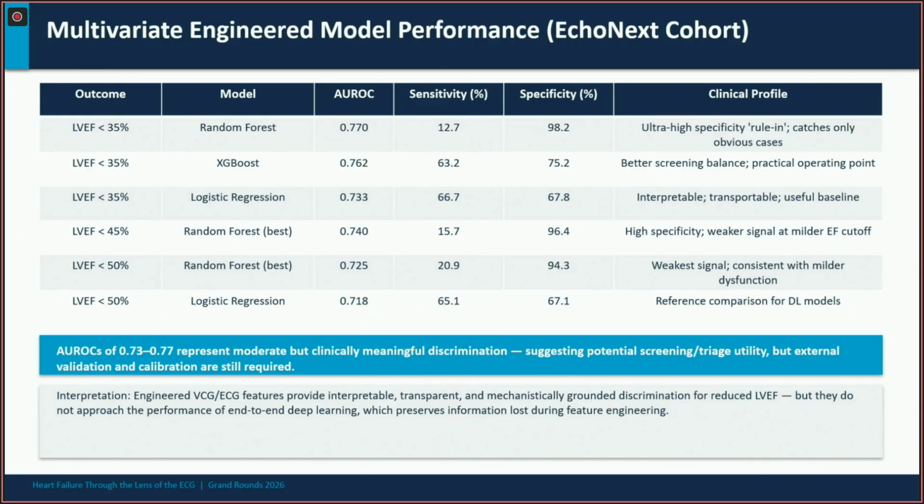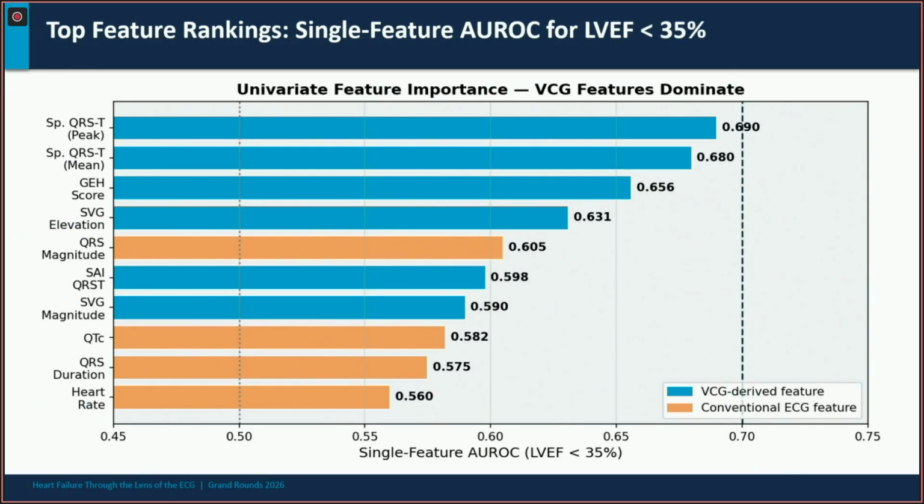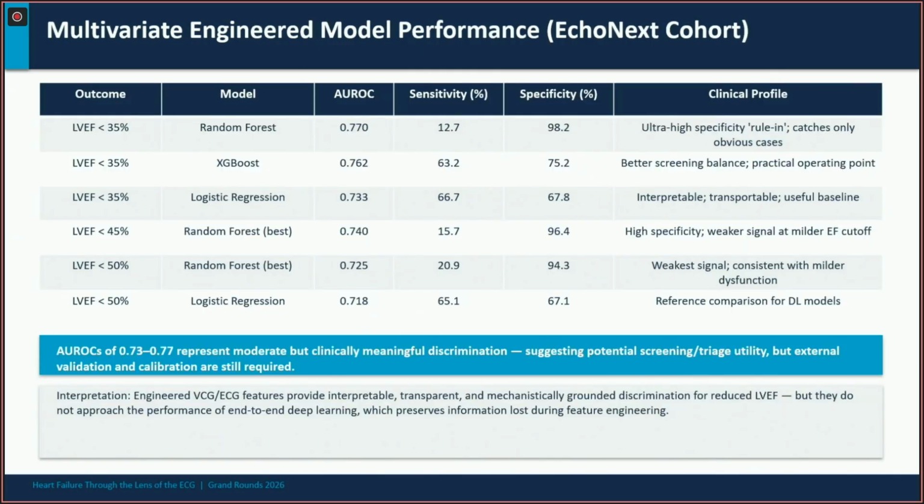This is what I found, showing a stratified EF, going from 35 on the top to less than 50 on the bottom. They are highly specific markers, with some of the models showing different sensitivities. This is a slightly higher performance than the single features shown in the prior slide.